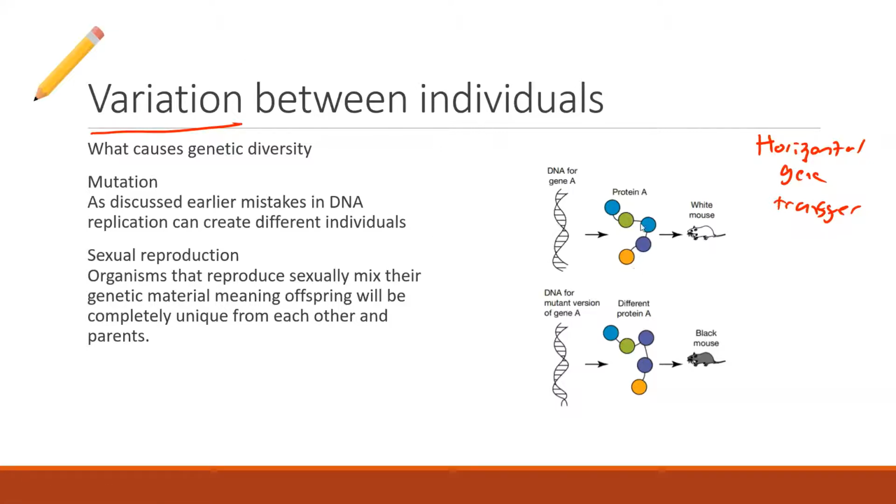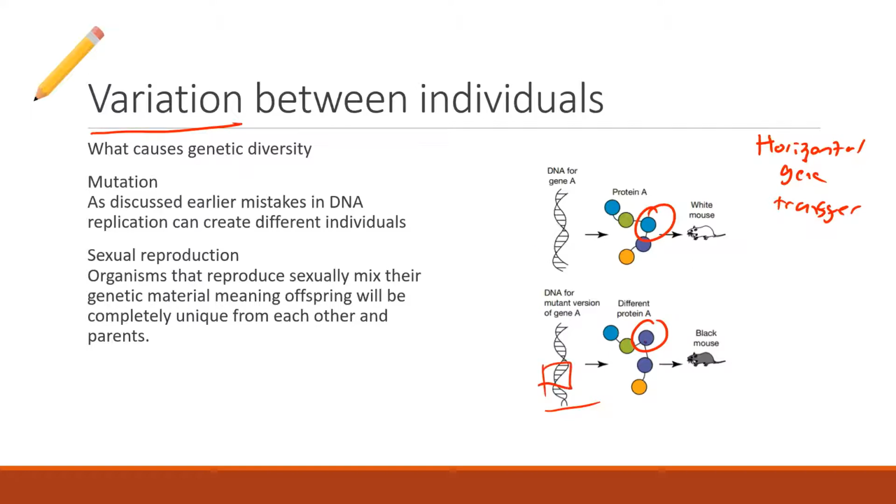On the picture on the right here, we've got DNA for gene A and DNA for a mutant version of A. So this is like a mistaken version of A. It just so happens that this DNA makes this protein, whereas this DNA makes this protein. Almost identical, except you can see a mistake in the protein being made. And that mistake in the protein is because of a mistake in the genetic material.